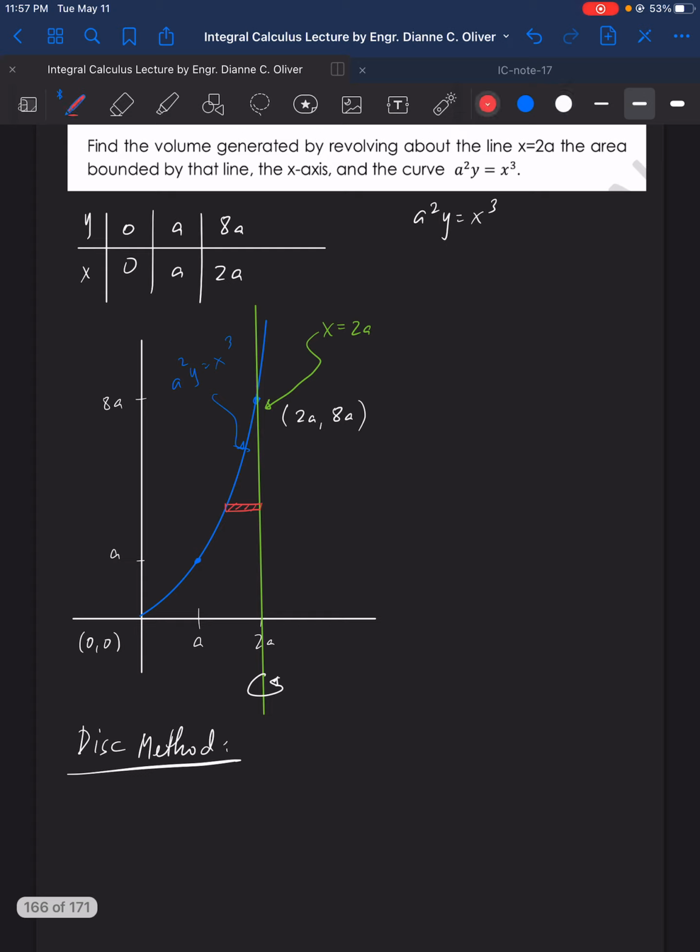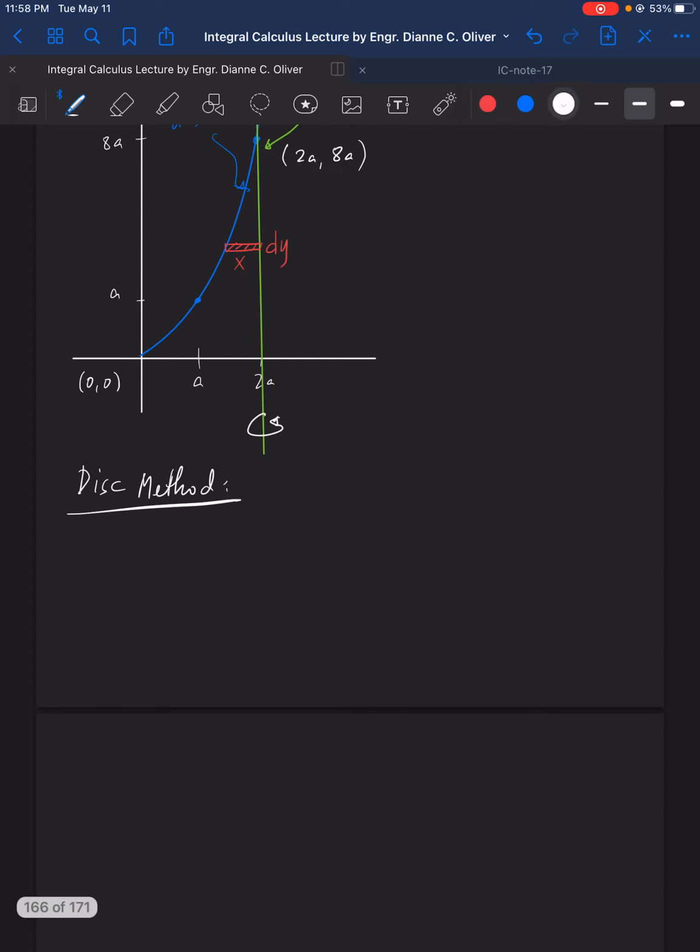And we have here x dy, the area strip x dy. Right? So using the disk method, volume is equal to pi x squared dy, x1 to x2. Take note that the x here becomes (x right minus x left) squared dy, x1 to x2.